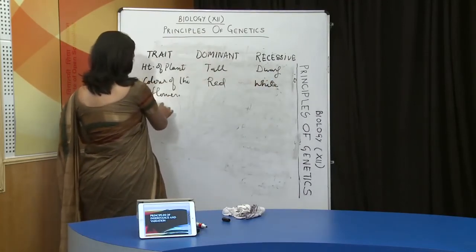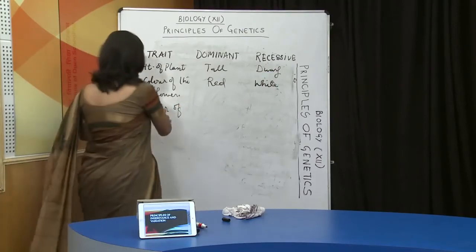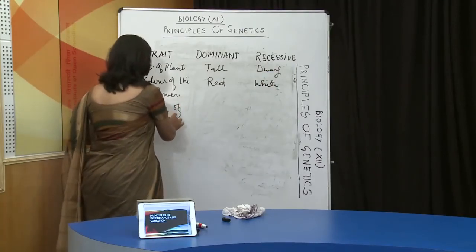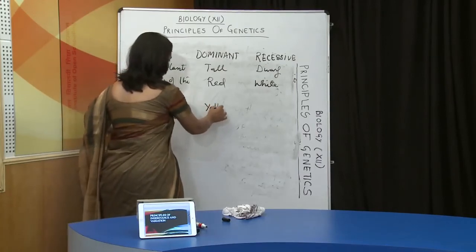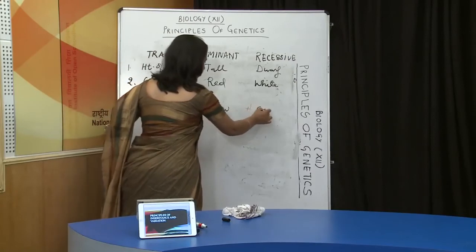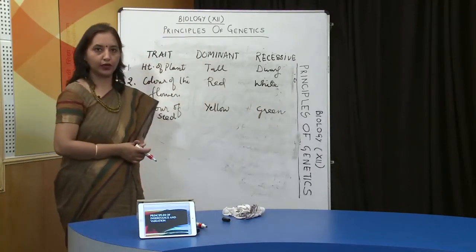The third character was color of seed. Yellow color was dominating over green.